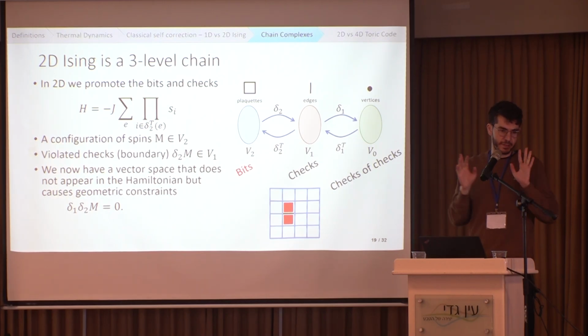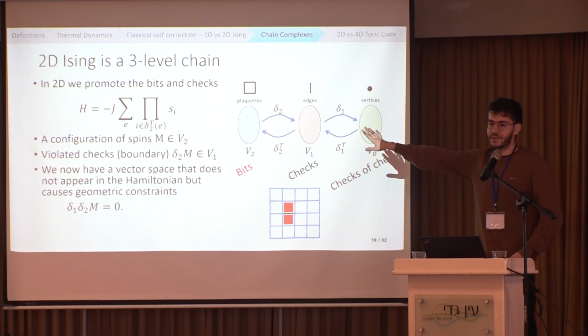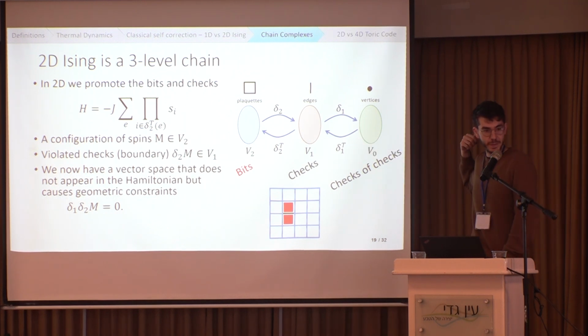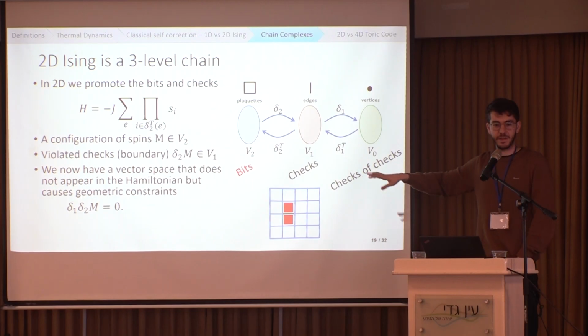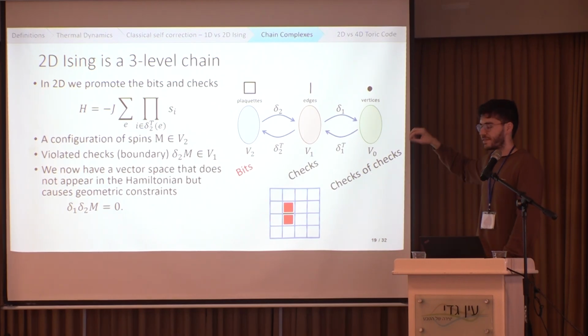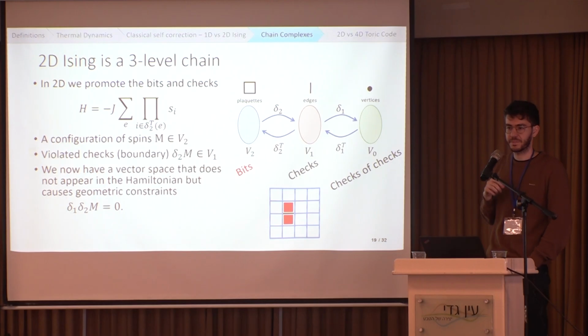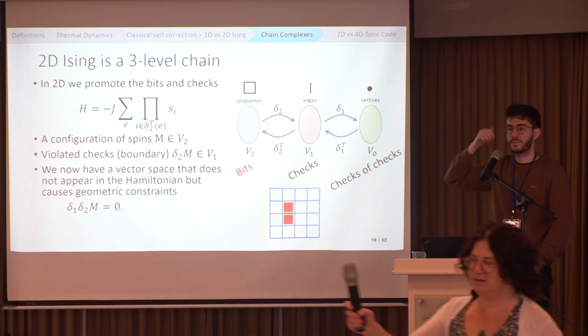Yes, because there are different models, but it's the same model that we had at the beginning of the talk. We only write it with the chain complex language. So we just moved to the dual graph, like the original Ising model.